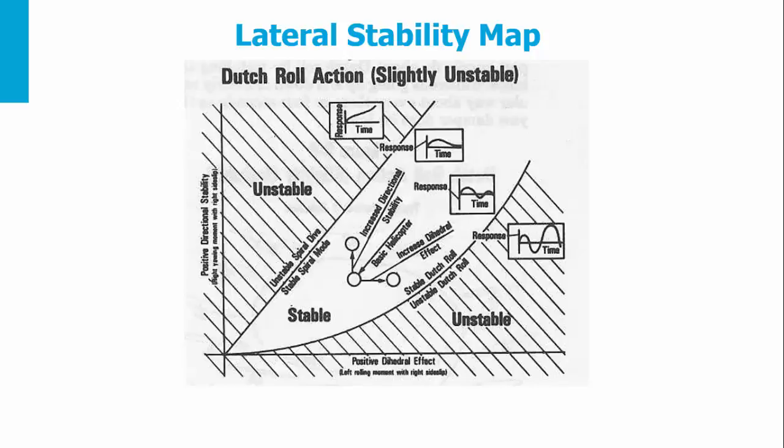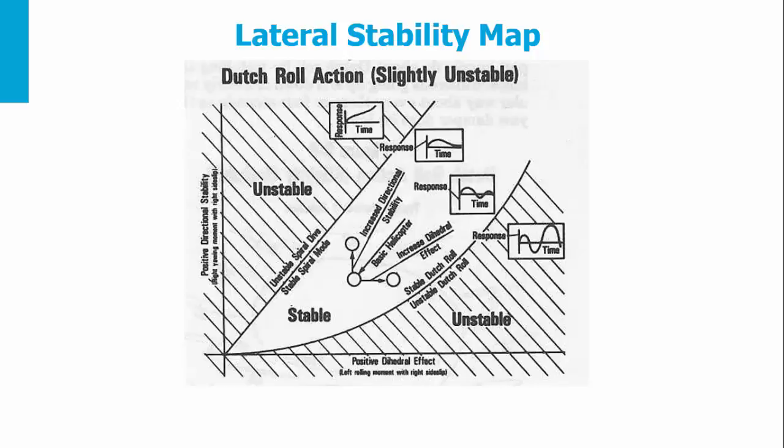And if you represent the directional stability, the positive directional stability means a right yawing moment with a right side slip. You can see again here that there are regions which are unstable and regions which are stable.